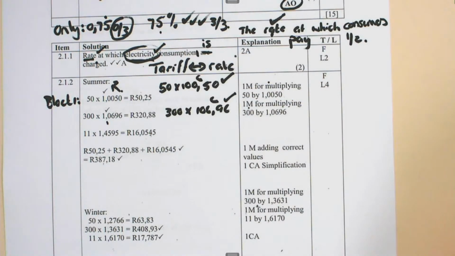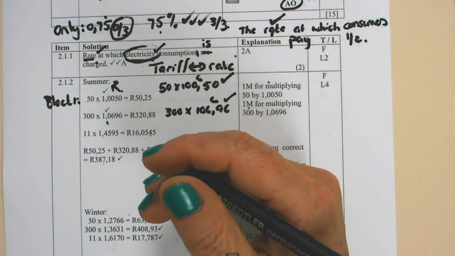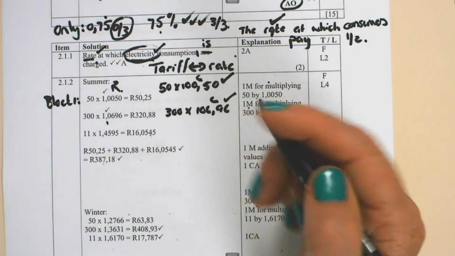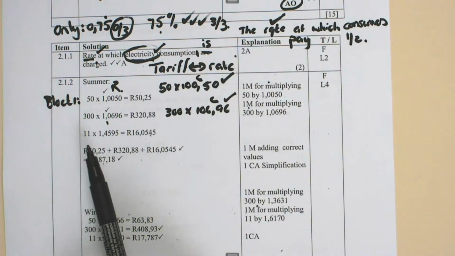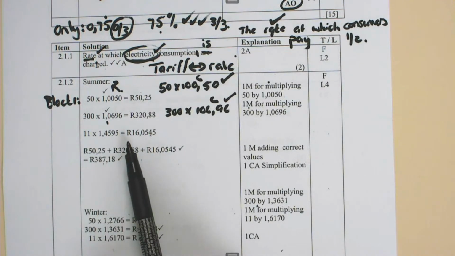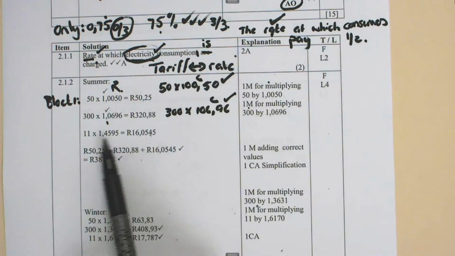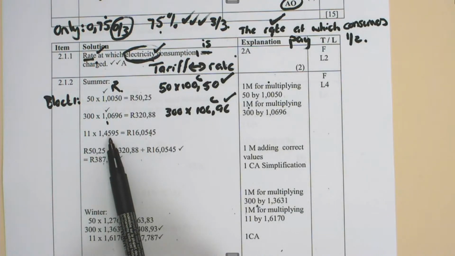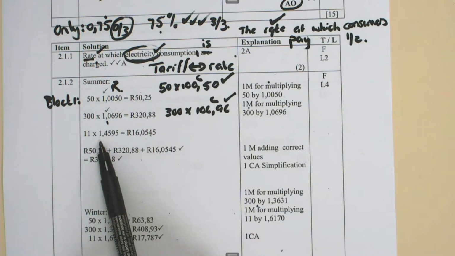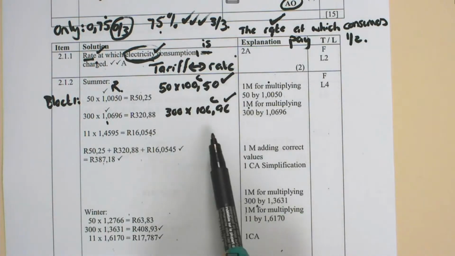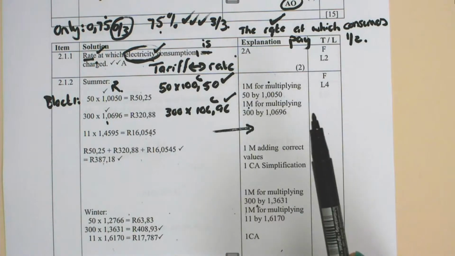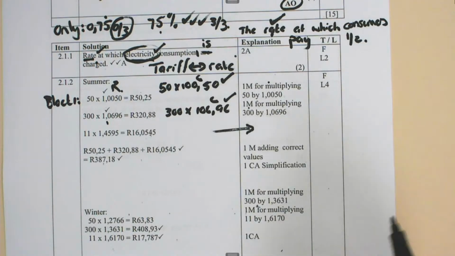The learners will then divide later by 100 to put it into rands. So there are 2 marks for getting that. And then there's a final place where they must say 11 times 1.4595, when they multiply with this cents figure, which was converted to rand, to get 16 rand. You will note here is no mark here. So I will tell you now what to do with this.